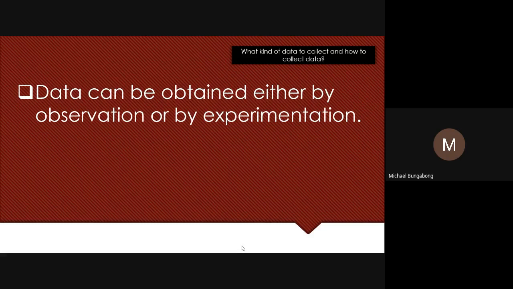So that's very clear. On the other hand, class, in disciplines like chemistry, physics, engineering, biology, and food science, experiments are necessary to extract target data, not observation. So that's the reason why we have to understand how to collect data. Just like what I said earlier, it can only happen based on the theme that you are in.